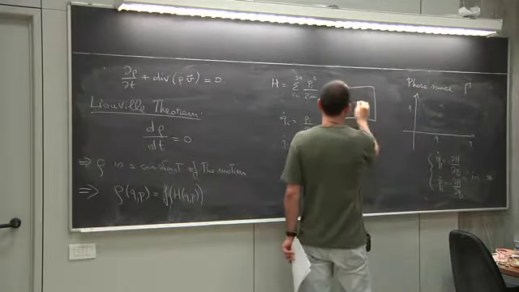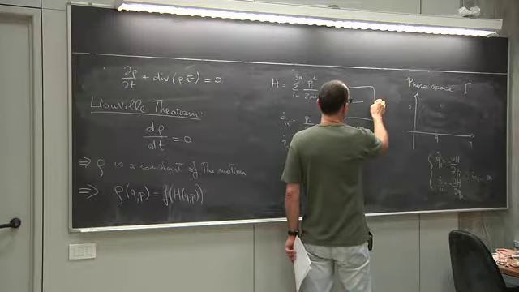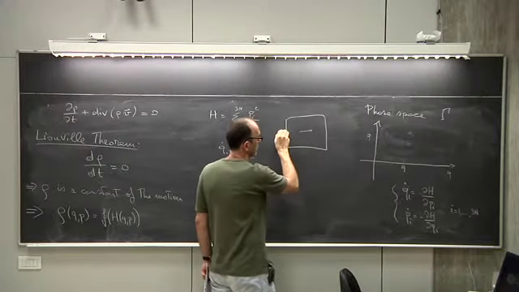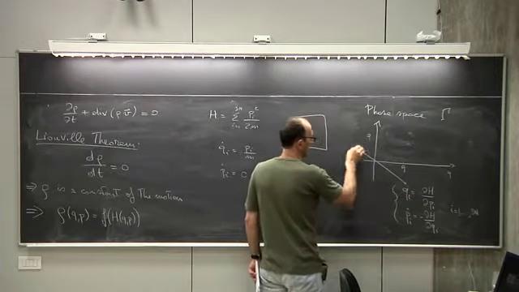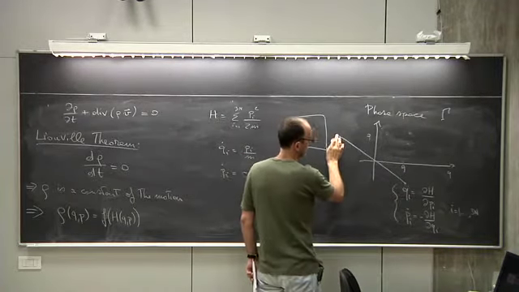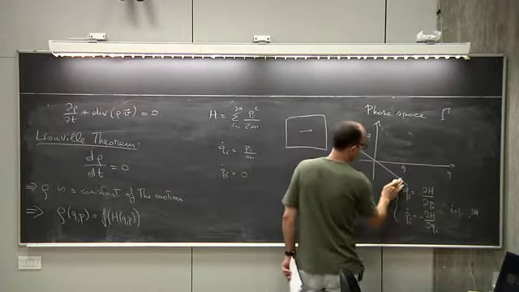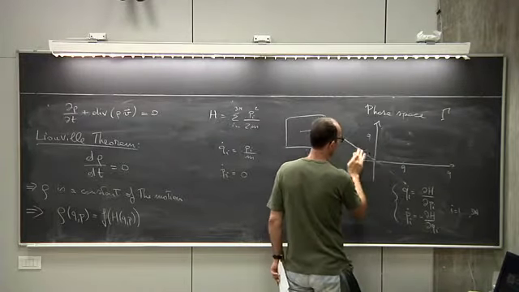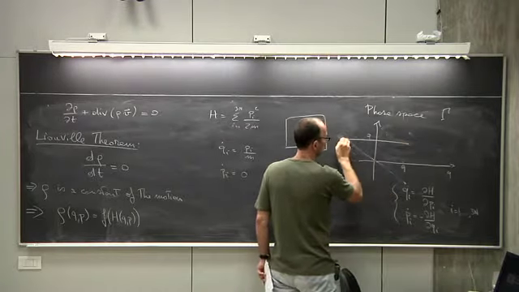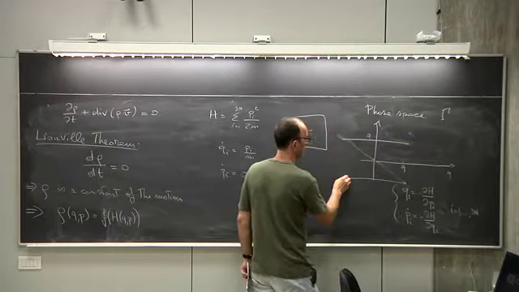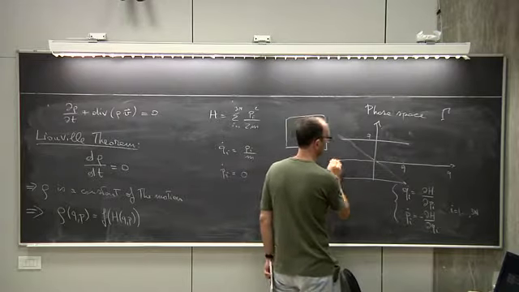When it is here, it will move with negative velocity, so it will follow a trajectory which is essentially like this.